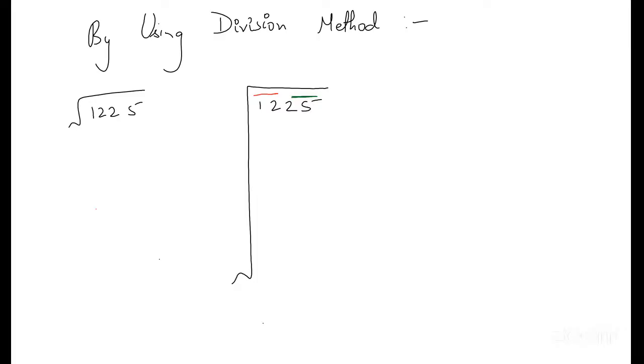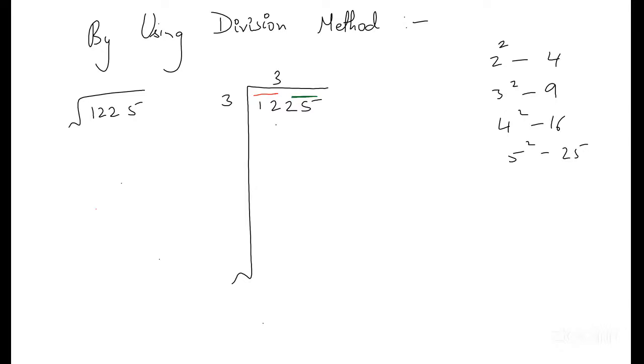You have to remember these: 2 square is 4, 3 square is 9, 4 square is 16, 5 square is 25, and so on. 3 threes are 9, so I can take that, because 4 fours are 16, which will be bigger. Write 3 here and write 3 on the top, because we're doing 3 times 3.